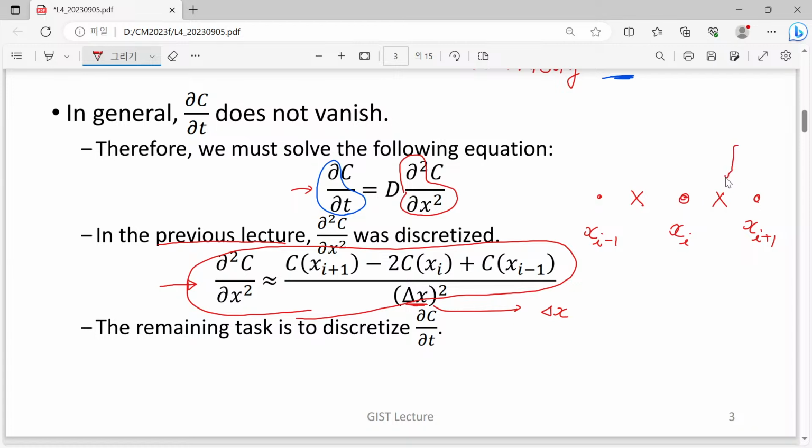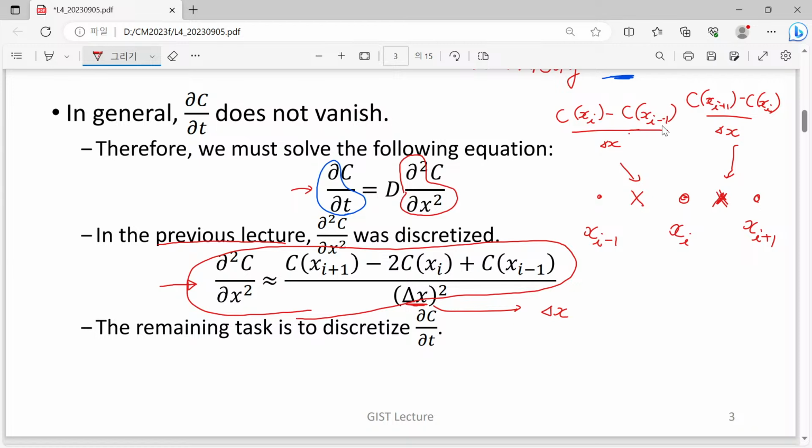That was approximated as the difference of some quantity at xi plus 1 minus xi, divided by delta x, and similarly between xi and xi minus 1.